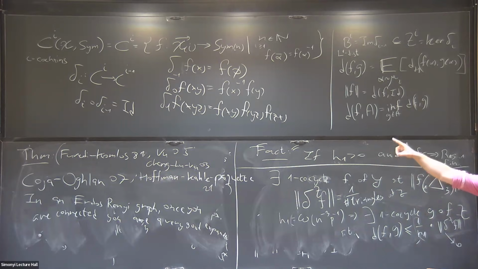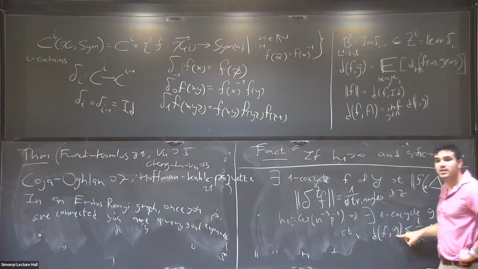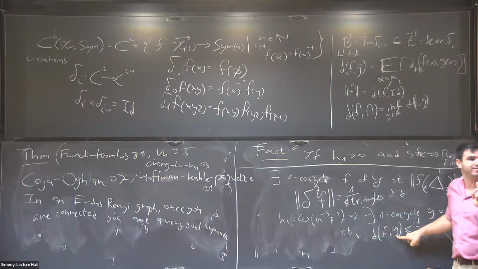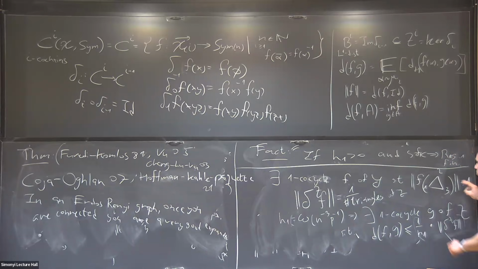But this contradicts property tau. Why? Both F and G are 1 cocycles of Y, and Y has property tau. Because of this condition, they cannot be just changes of the names of the vertices of each other. So their distance must be bounded away by some constant. You actually can write down the constant.